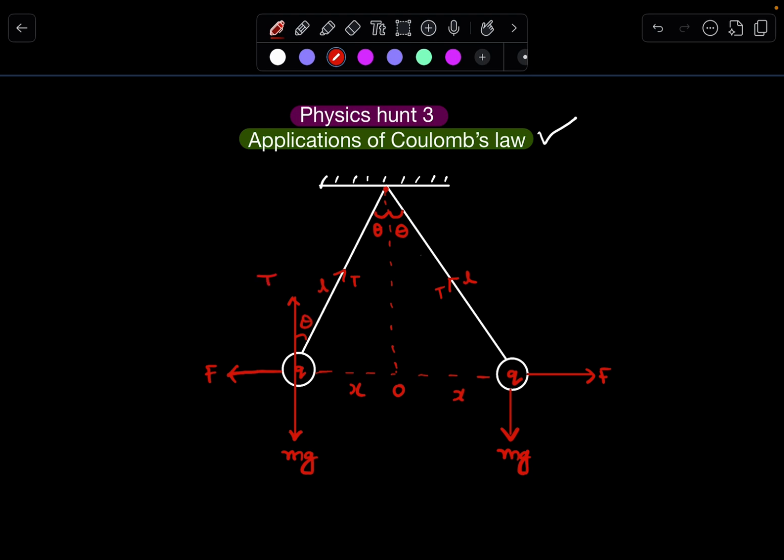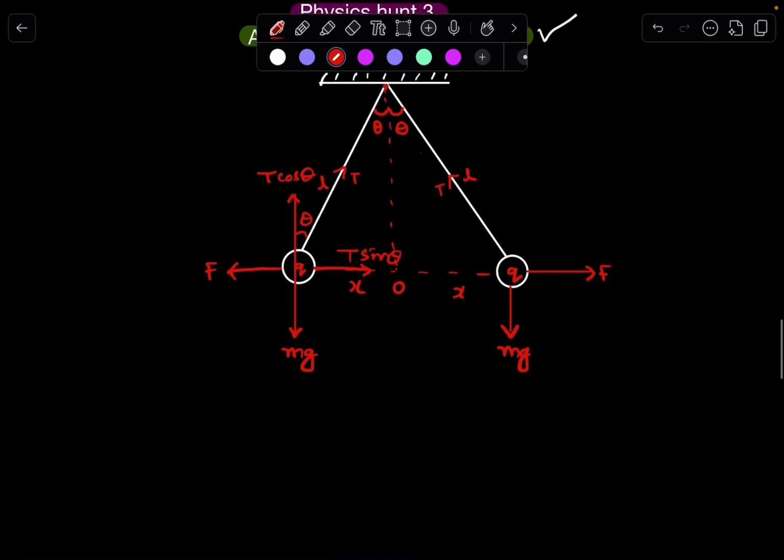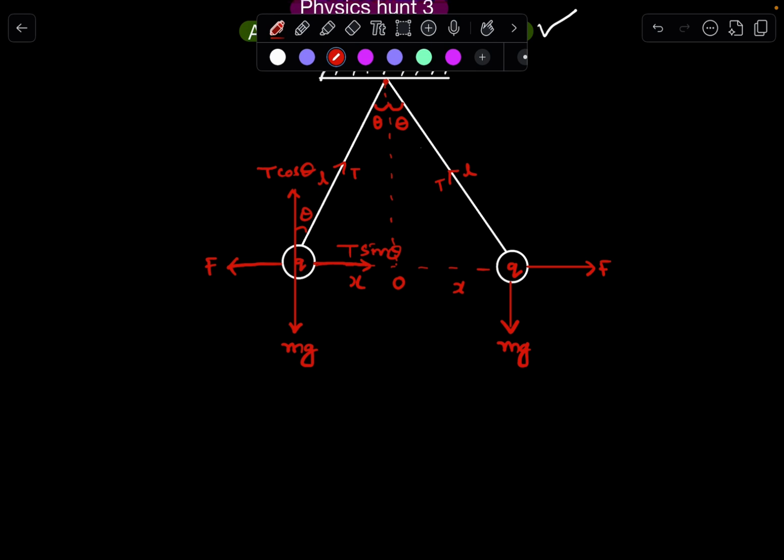So this component will be T cos theta, and the perpendicular component here will be T sin theta. Look at this diagram carefully, where F is equal to T sin theta. So I'm going to write F is equal to T sin theta.